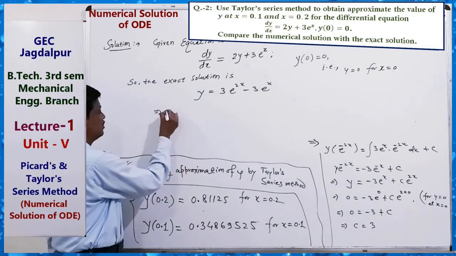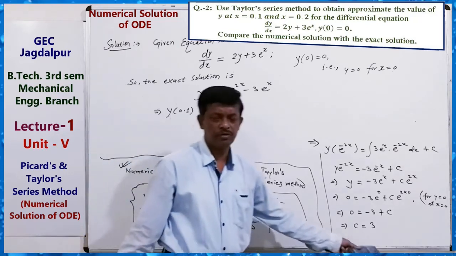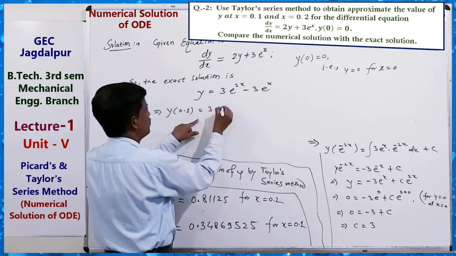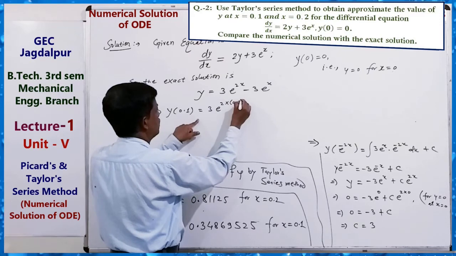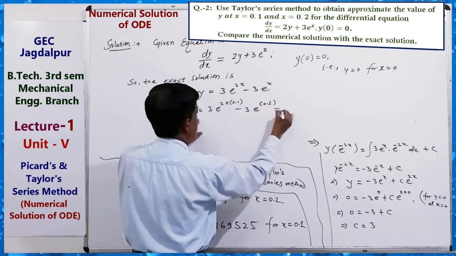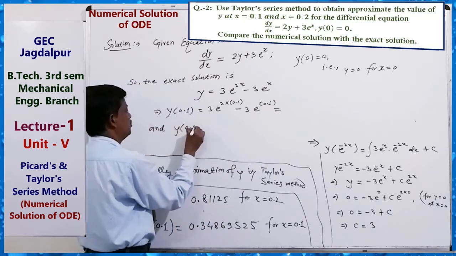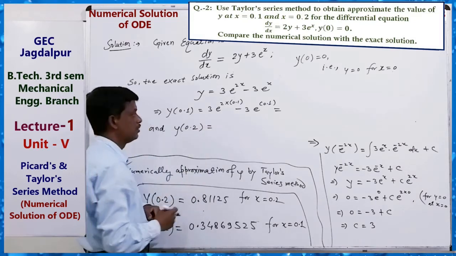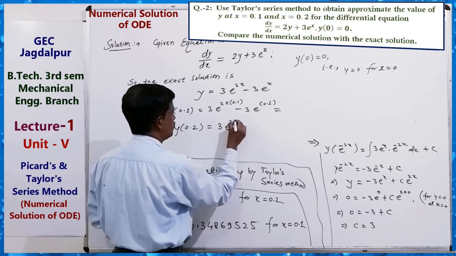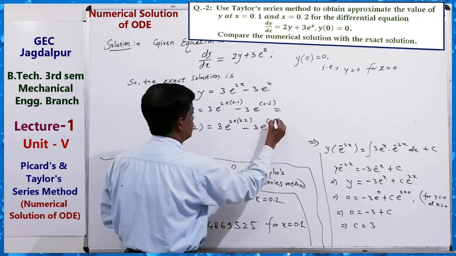This implies y at 0.1, just you can find the value of y at 0.1. Just put 0.1 here: 3 e to the power 2 into 0.1 minus 3 e to the power 0.1 equals, and y at 0.2 equals 3 e to the power 2 into 0.2 minus 3 e to the power 0.2 equals.